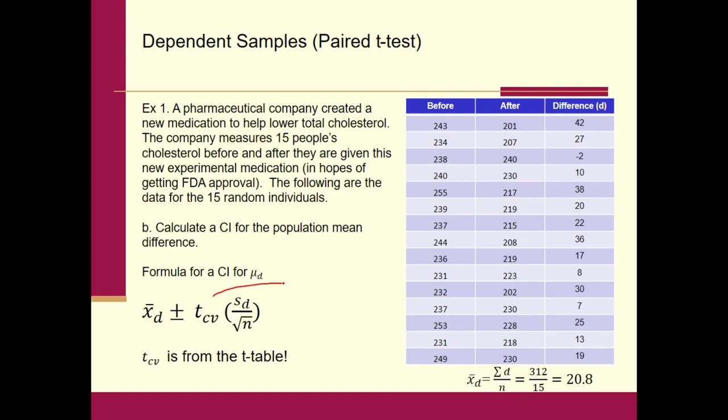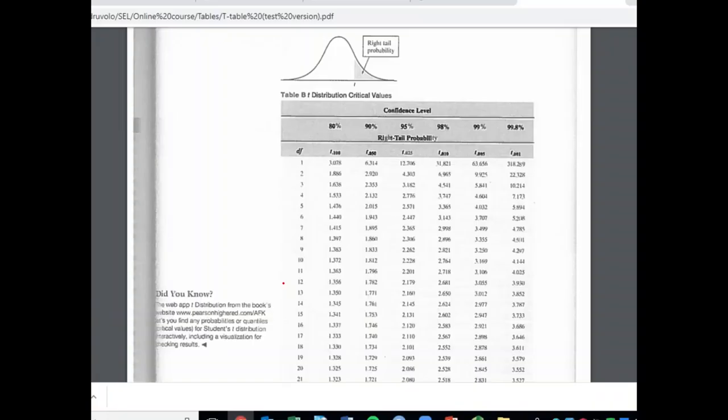So let's take a look at our t-table. Here is the t-table. We have 14 degrees of freedom, and I think we're creating a 95% confidence interval. Looks like 2.145. So 14 degrees of freedom, 95%, 2.145.